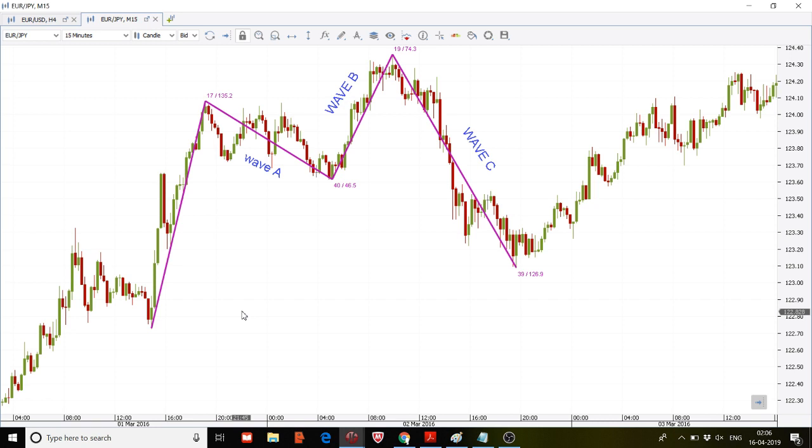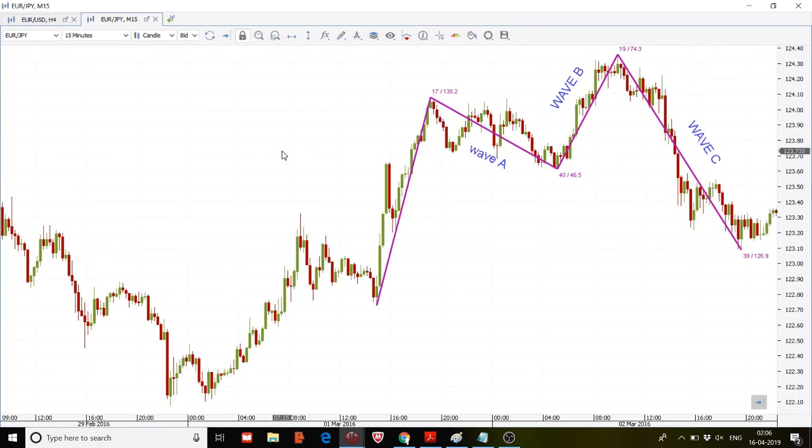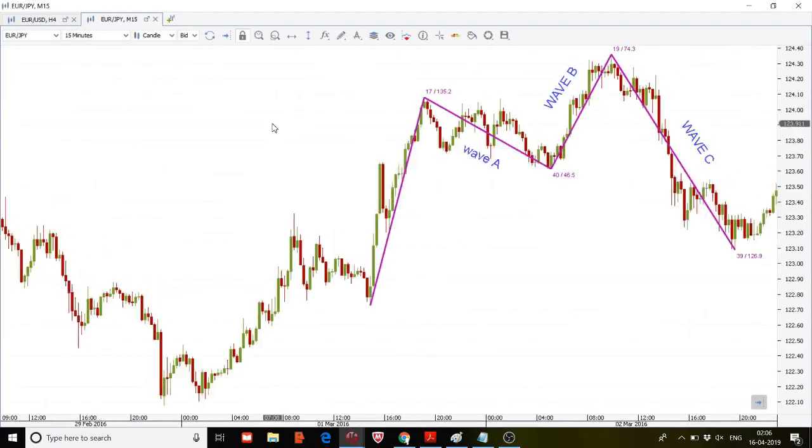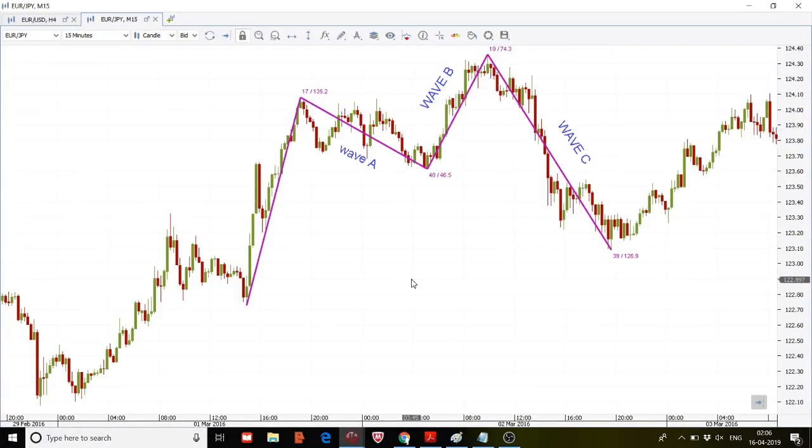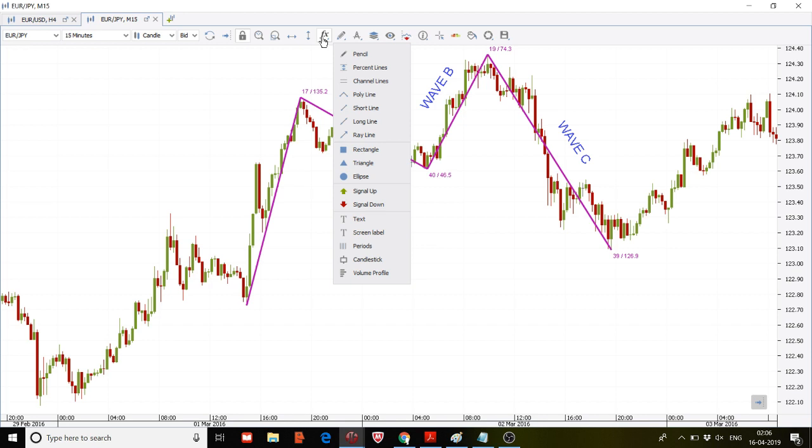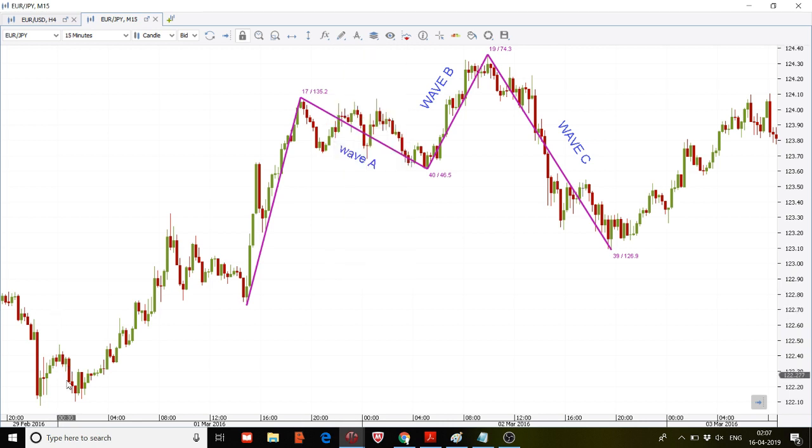Now I will show you the entry point. Before that, here is the Elliott wave principle, which I am showing in the third wave. I searched a lot but didn't find the exact structure in the fifth wave or in the corrective pattern. That's why here we got the breakout.